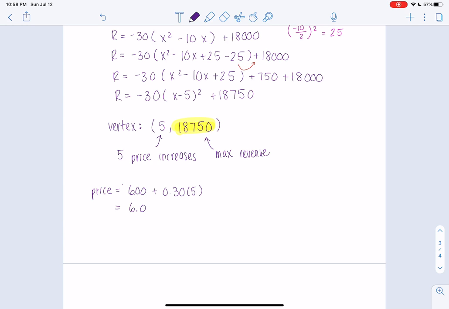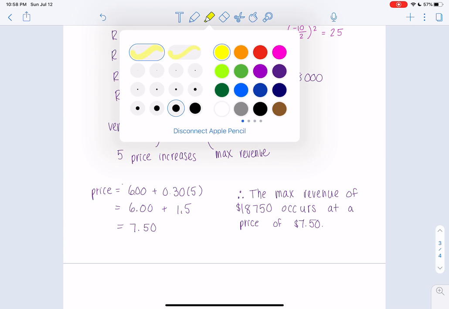So that would give me $6 plus 1.50, and that would give me $7.50. So let's write out our therefore statement. Therefore, the max revenue of $18,750 occurs at a price of $7.50. And that is our final answer.